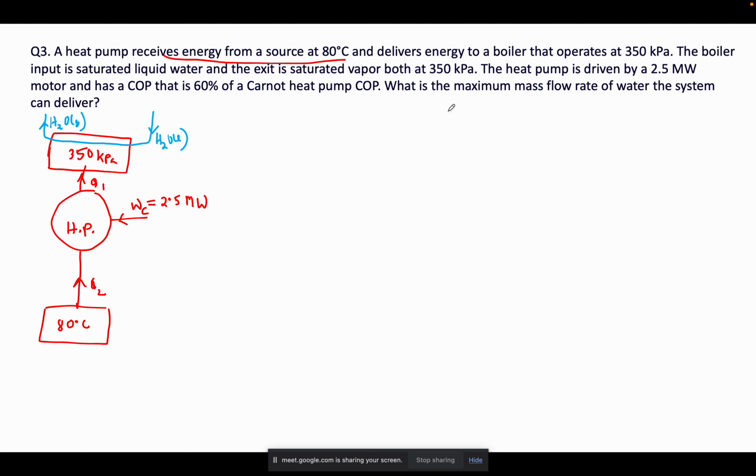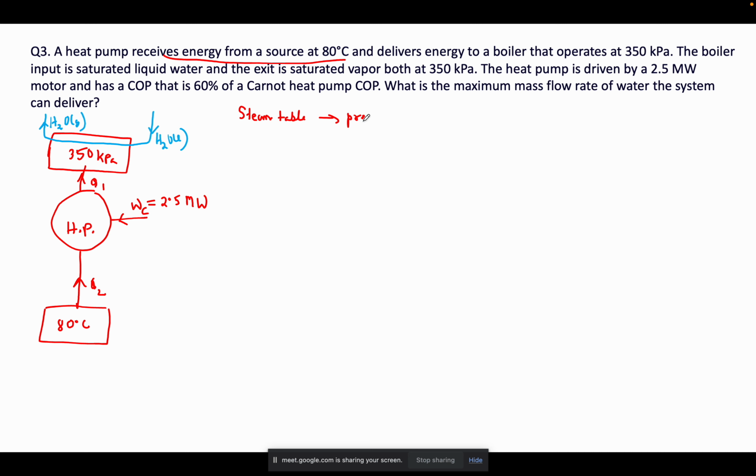First of all, what do we need? We need Q1. And what is this Q1? This Q1 is used to convert saturated liquid water to saturated gaseous water. So we need to see the steam table, the pressure part.